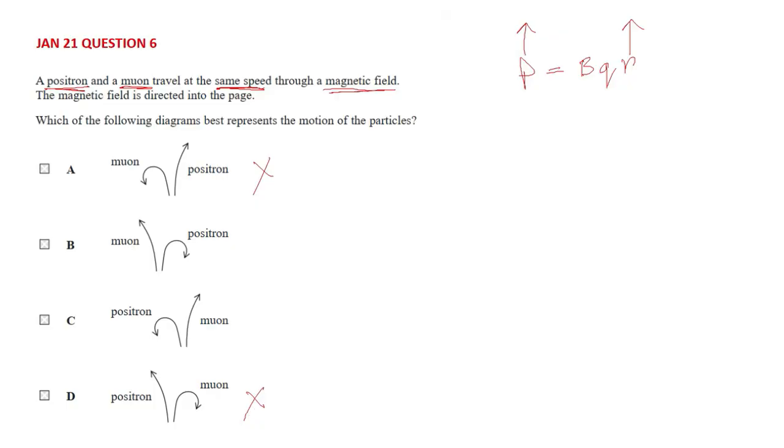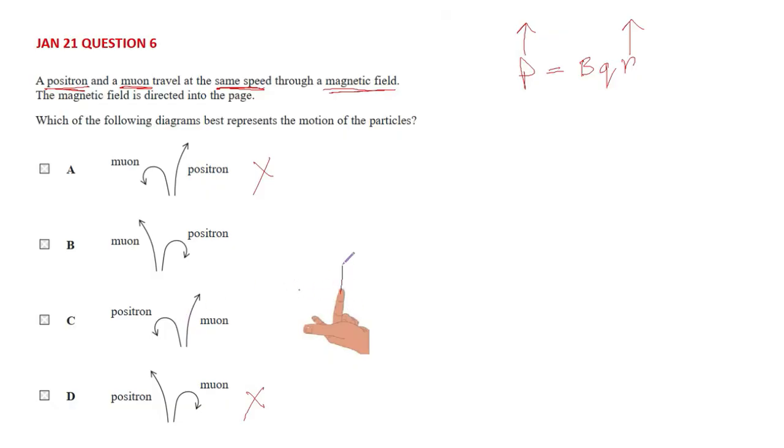So this is where you have to bring in the concept of Fleming's left-hand rule. A positron is a positively charged particle, and you should remember the direction of motion of a positively charged particle is the same as the direction of current.